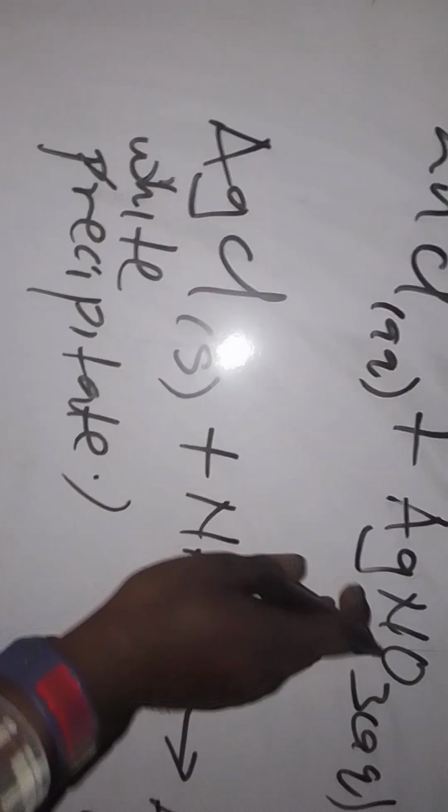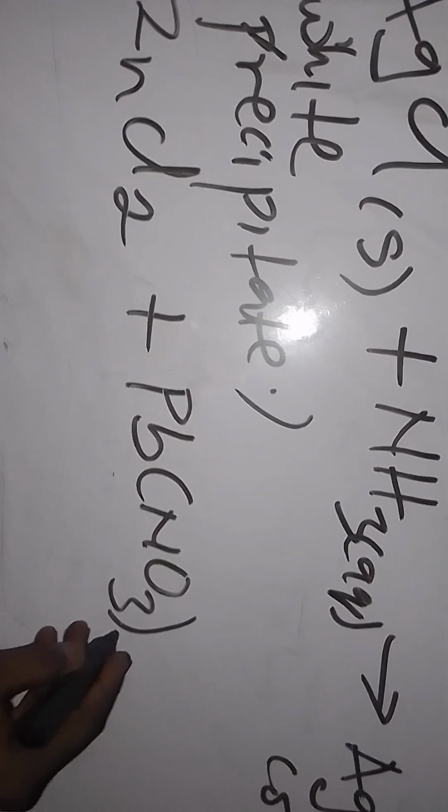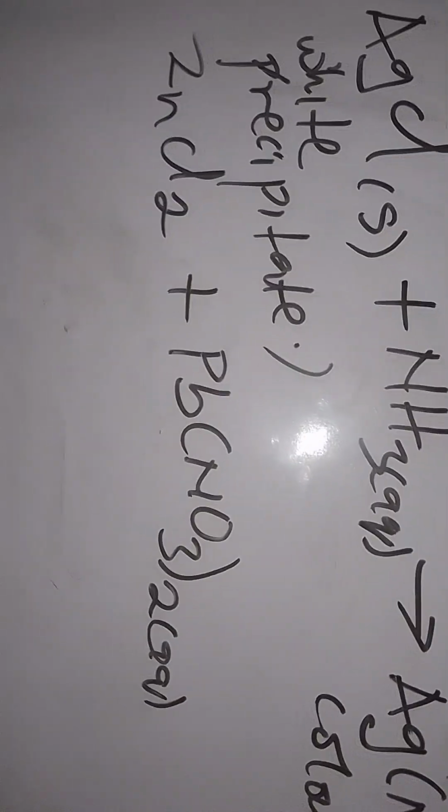They can also ask you, instead of using AgNO3 on zinc chloride, you can add Pb(NO3)2. That's lead 2 nitrate.